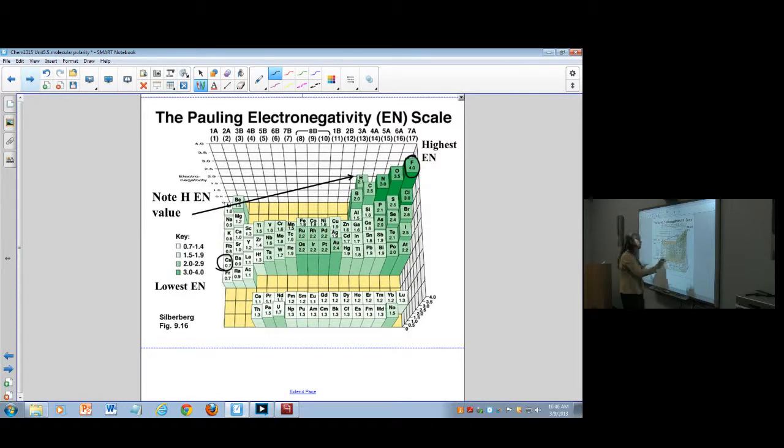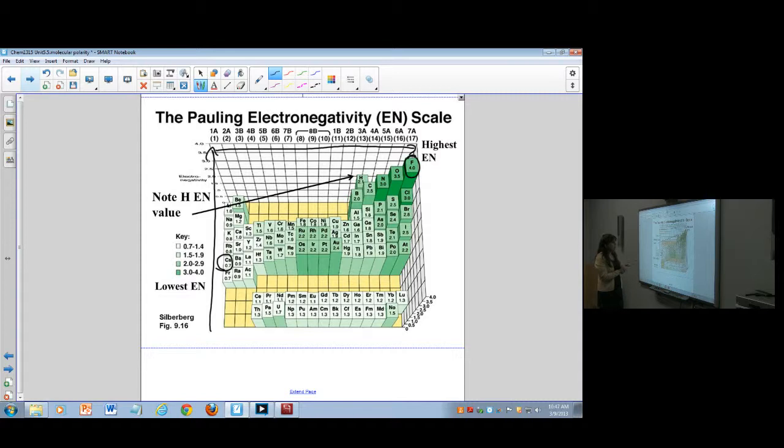And we have a scale, remember, of increasing electronegativity up the table and across the table. Now we are going to be looking at some of the electronegativity values, but in general I expect you to remember this trend, you should be able to look at your periodic table and know whether something or not is in general going to be polar.